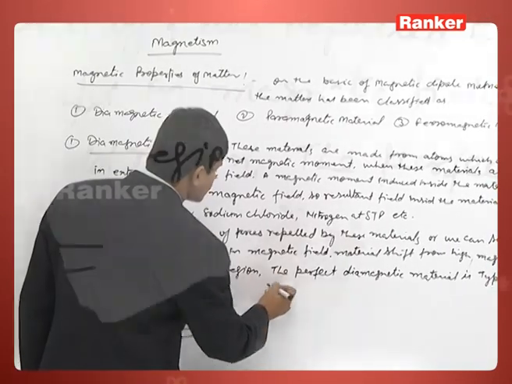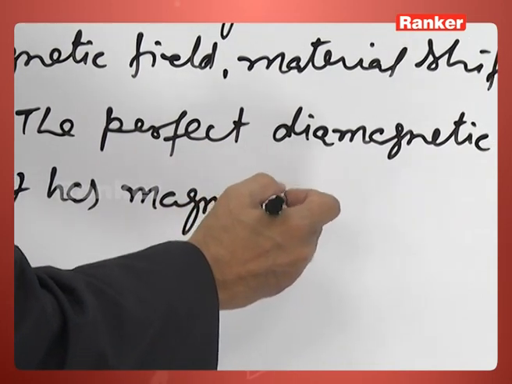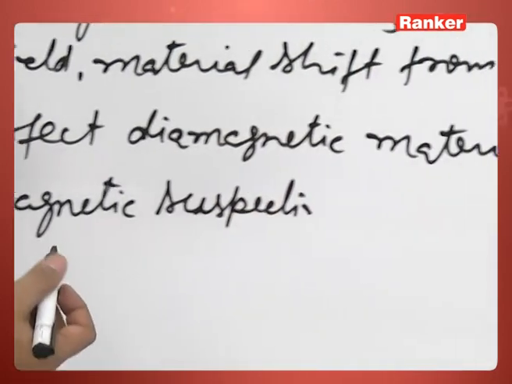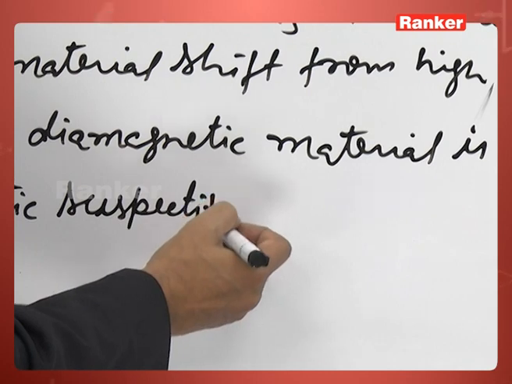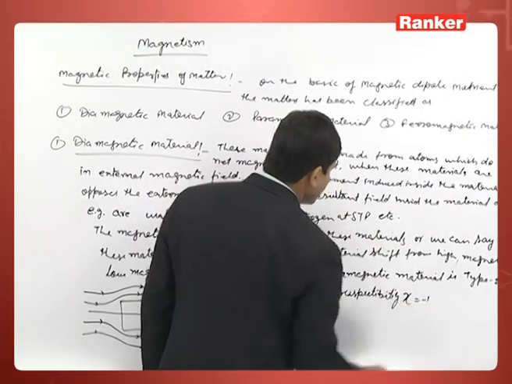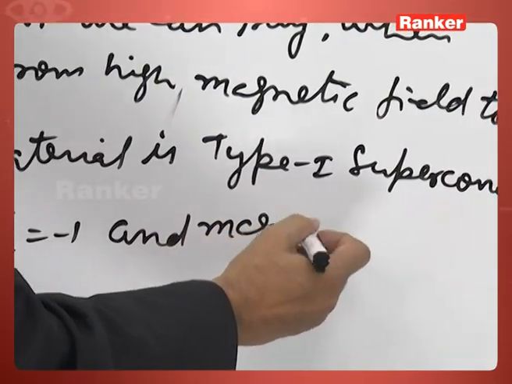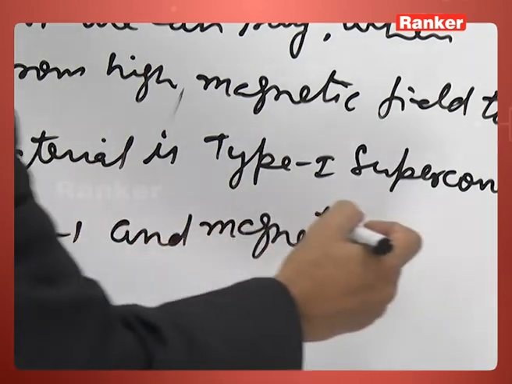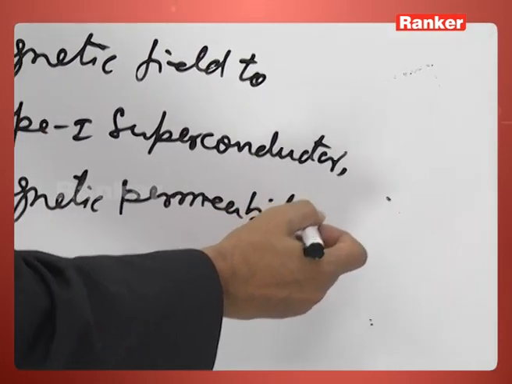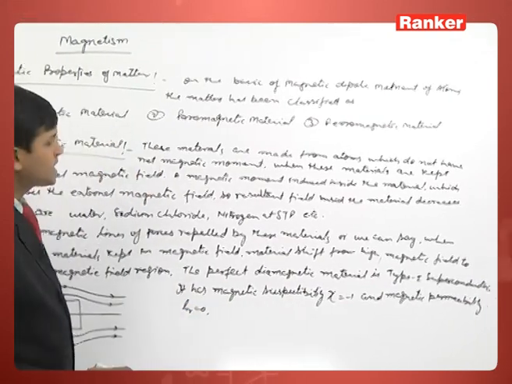It has magnetic susceptibility of -1, and magnetic permeability, mu r, is 0.